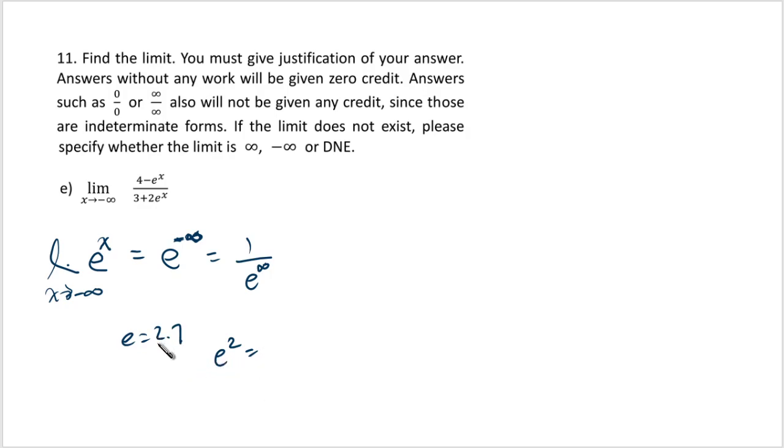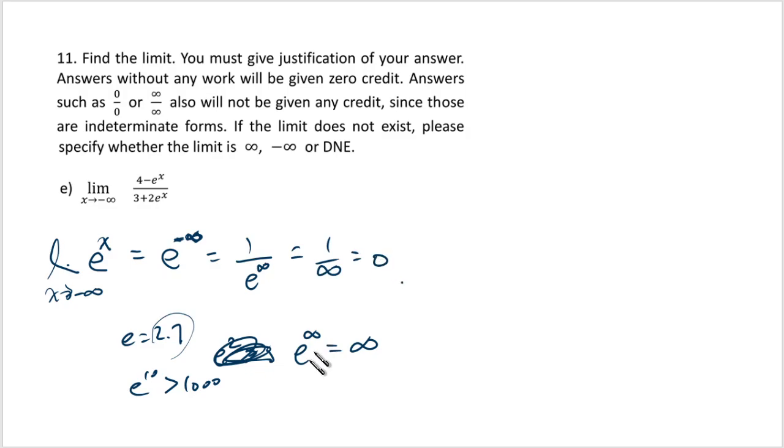And if you take e to the 10th power, that's already bigger than 1,000. So e to a very, very big number would be infinity, right? So it's going to be 1 over infinity, which gives you 0, okay?